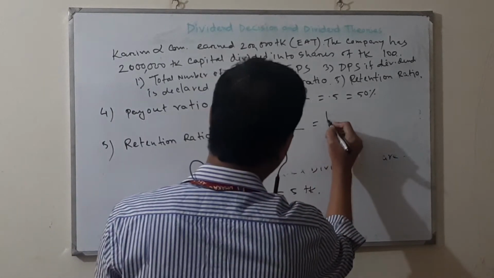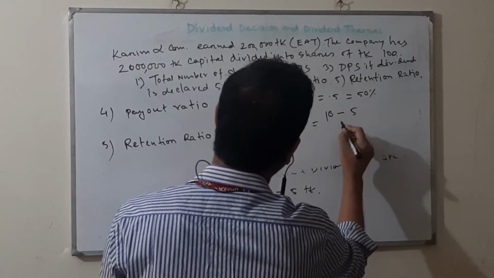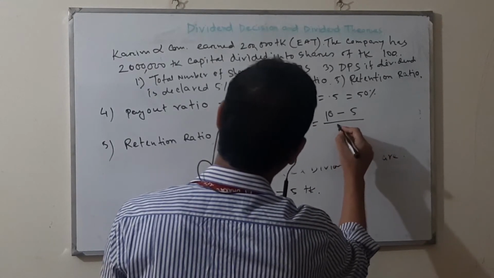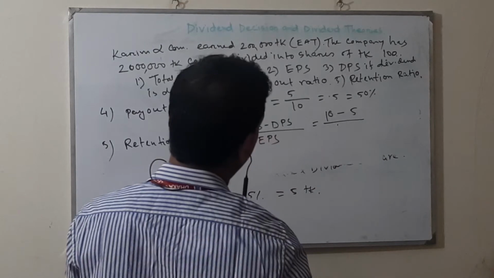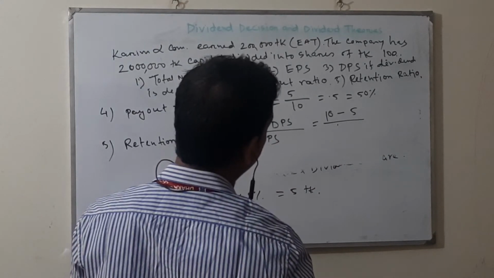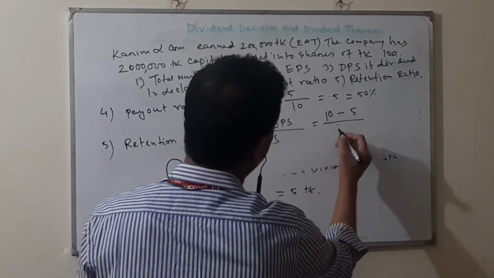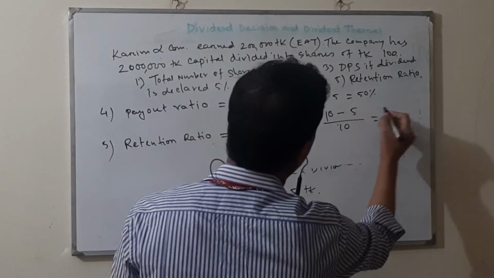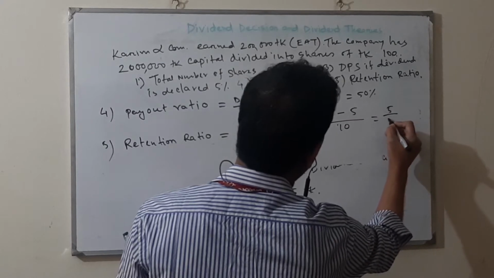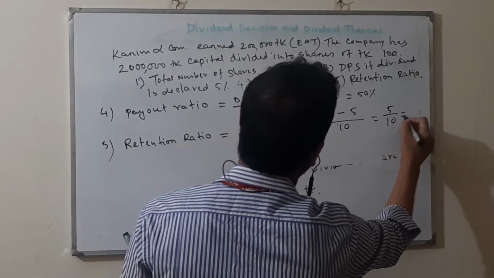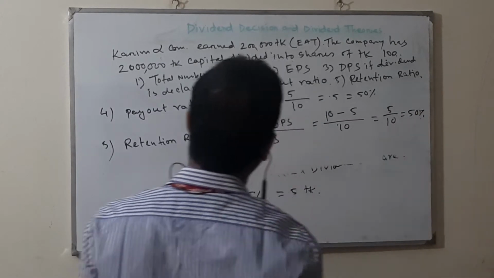So EPS is 10 taka, and DPS is 5 taka. So 10 minus 5 is 5, divided by 10, equals 50%.